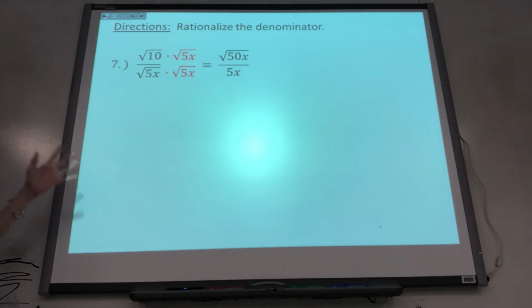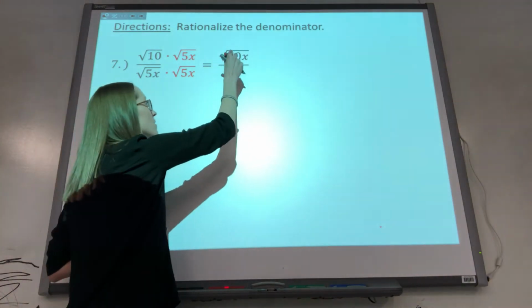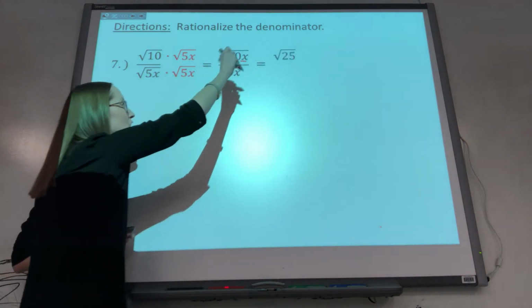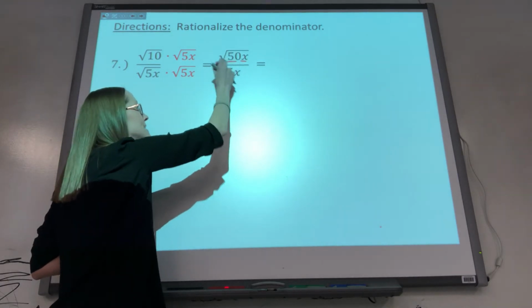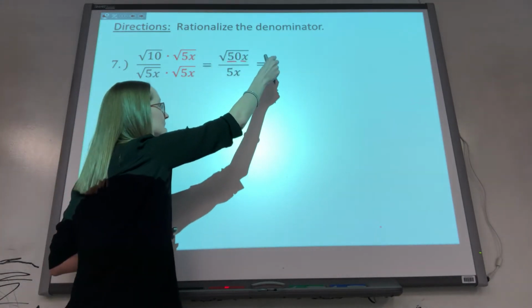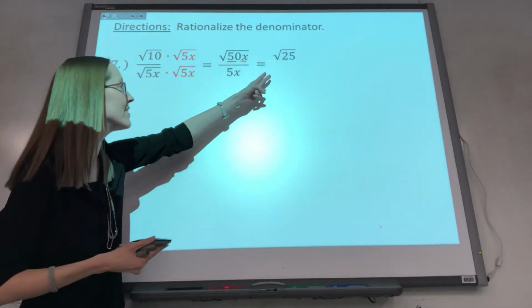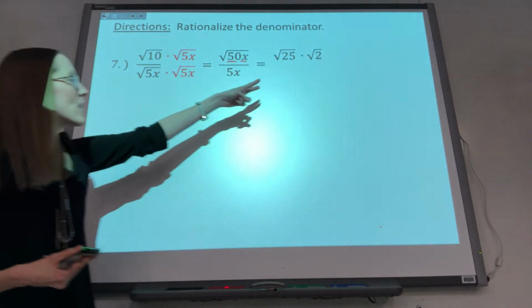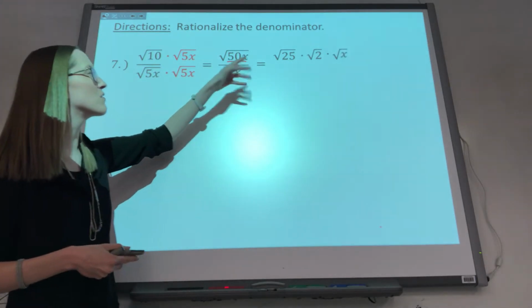Now, we want to try and simplify this as much as possible. If you think about the square root on top, you can break down the square root of 50. Let's take the square root of 25 times the square root of 2 times the square root of x.